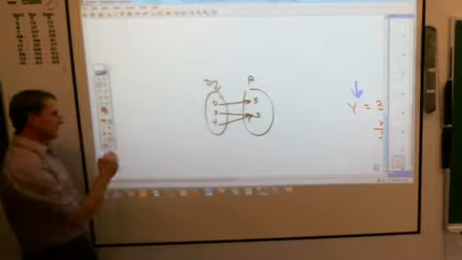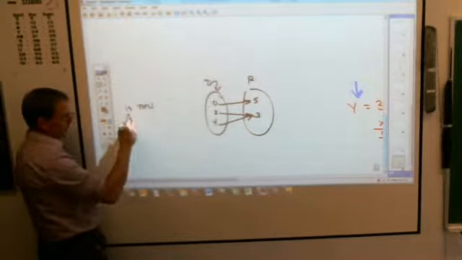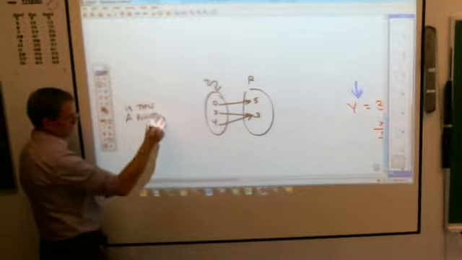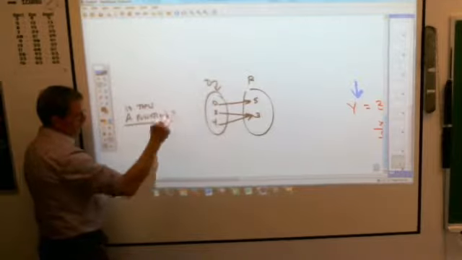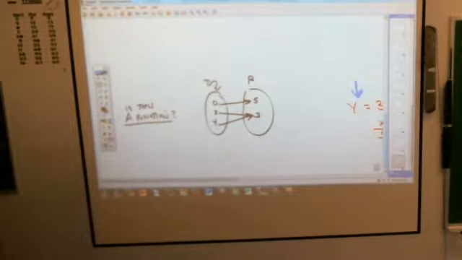And I ask you, is this a function? Based on the definition we just gave, that every domain number has just one range number to it, who says, yes, this is a function?